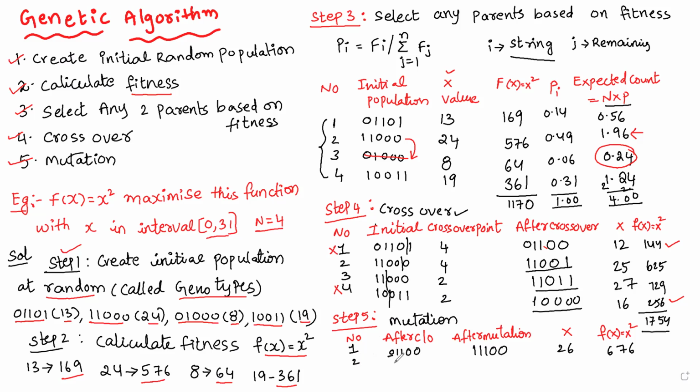We need not change the second and third values. Hence, we will write them as they are. So 1 1 0 0 0. This is equal to this one. After this, actually, this is 0 1. So after mutation also, no change: 1 1 0 0 0 1.